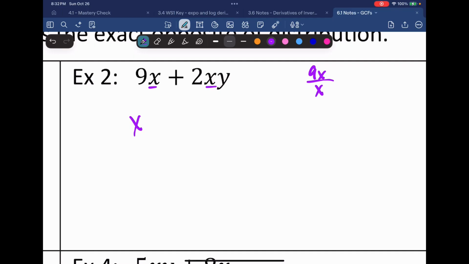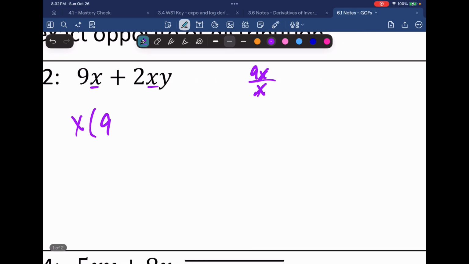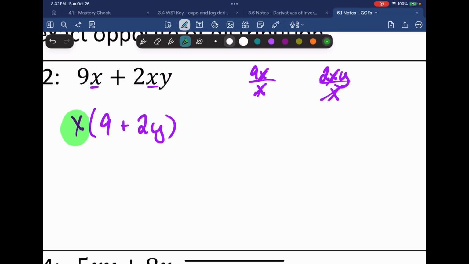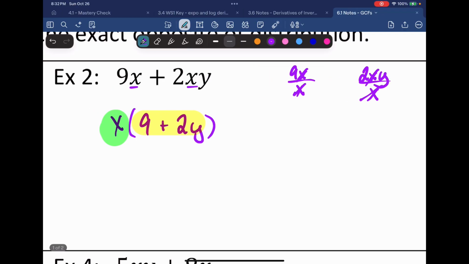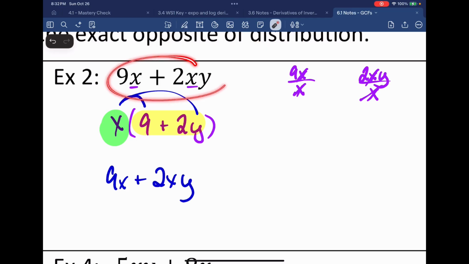So if I divide 9x by x, that's 9. 2xy by x, that's 2y. So that means that x and 9 plus 2y are the factors of 9x plus 2xy, because if I multiply them back together, it results in the original function.